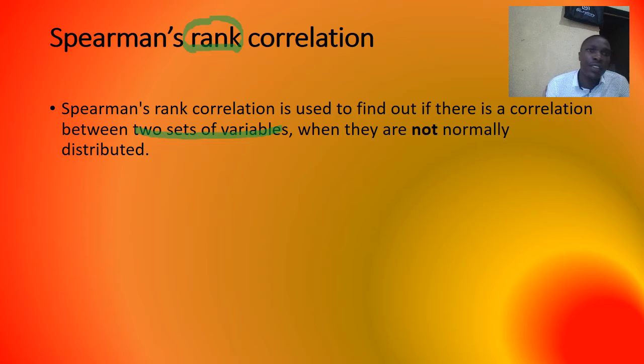I'll begin with Spearman's rank correlation, and I want to talk about this word rank. When you were still in secondary school, a student who had the highest mark was always at the top, while the student who had the lowest mark was always at the bottom.